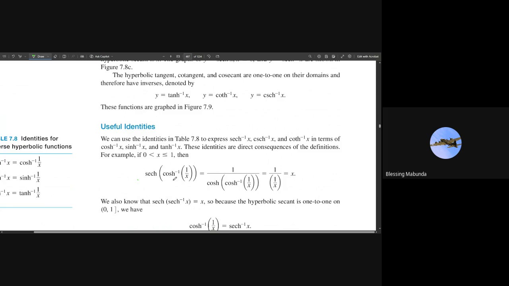So if you're using this as your input, you can also write it in this manner. Since it's cosh of cosh inverse, these two cancel out and you're left with 1 over x, which goes back to x. So try this out as well. That's also homework.